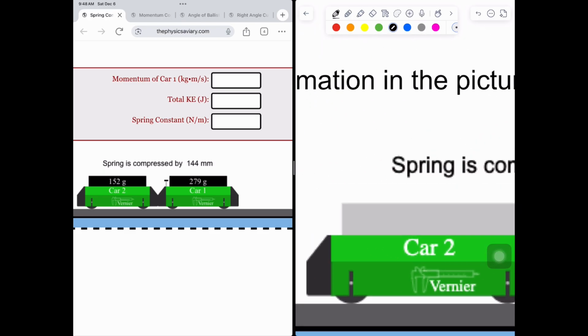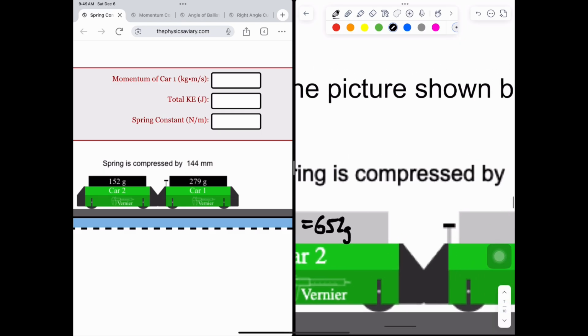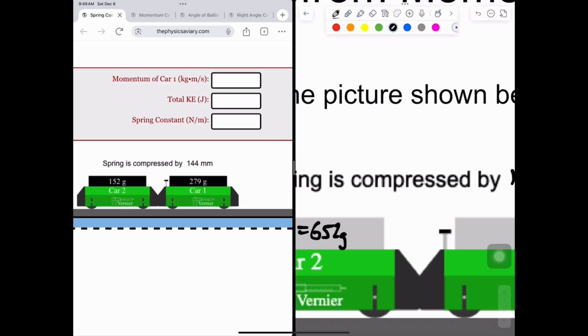Okay, so mass 2 is going to be 152 plus 500. That should be 652, which is the same as 0.652 kilograms.